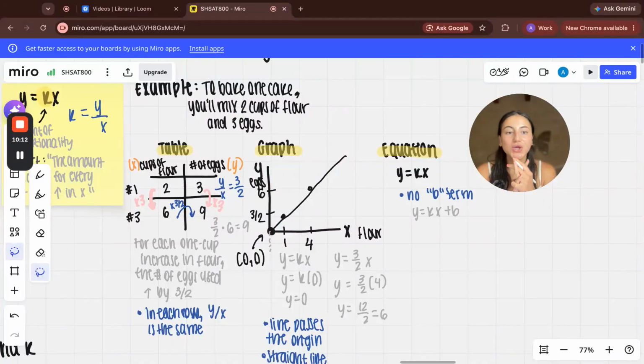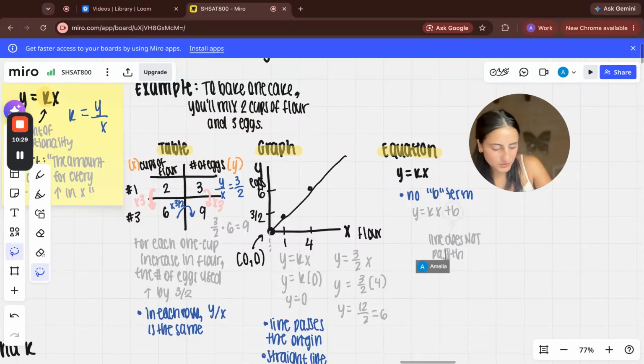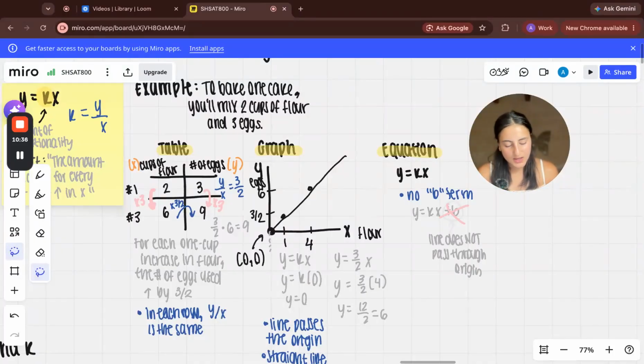But in this case, we shouldn't have a b term, because that would indicate that the line does not pass through the origin if we were to graph it out. So we should not have this. Yeah, so we're always looking for the y equals kx equation.